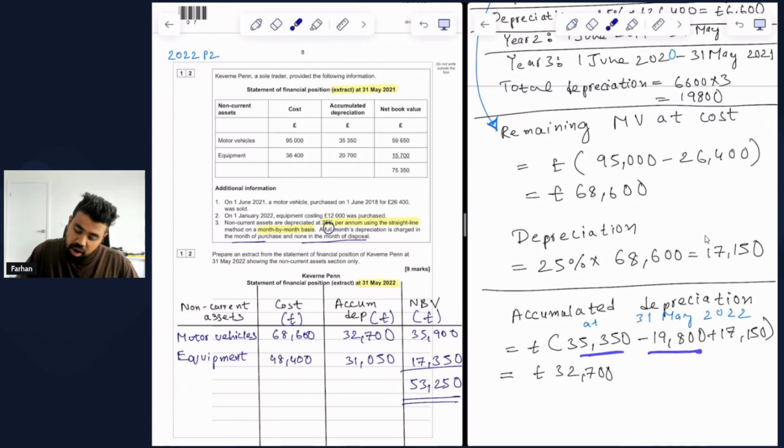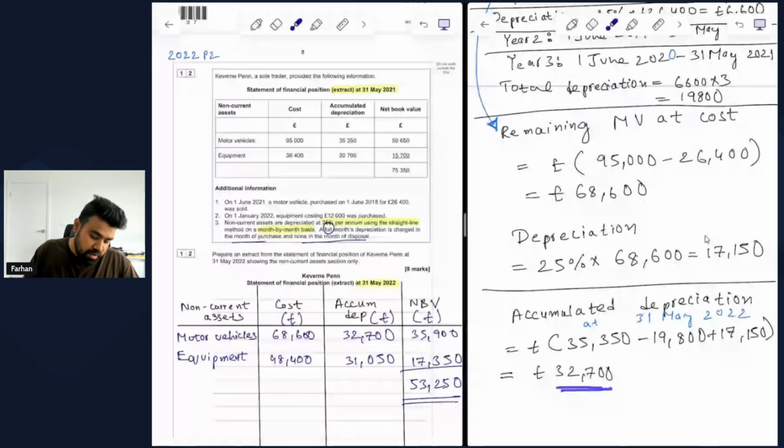Then we are adding 17,150, which refers to the depreciation expense calculation for the remaining motor vehicles in the books. And therefore the final balance we end up with is £32,700 for motor vehicles that we need to include in the statement of financial position extract.